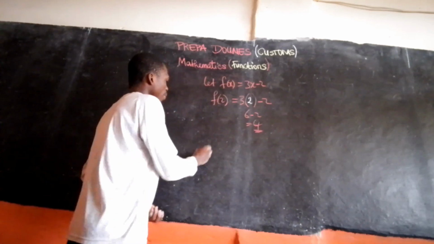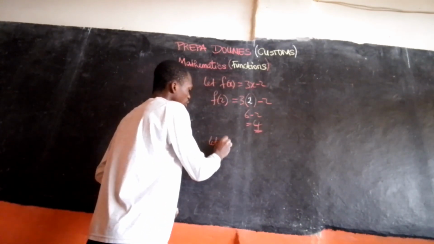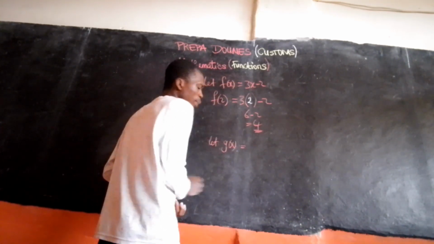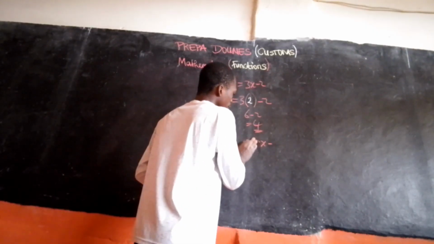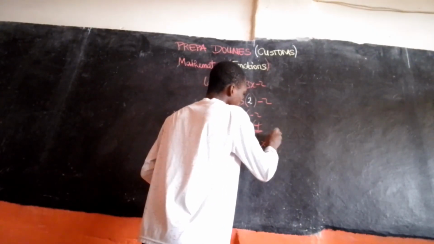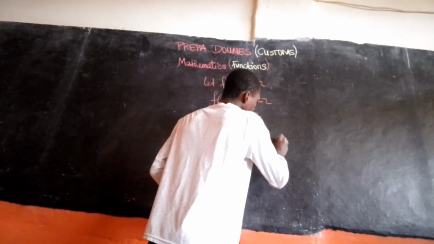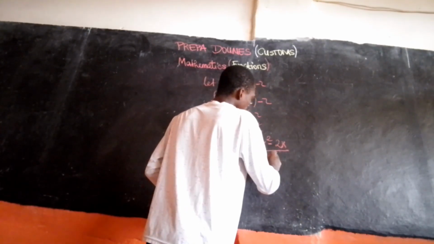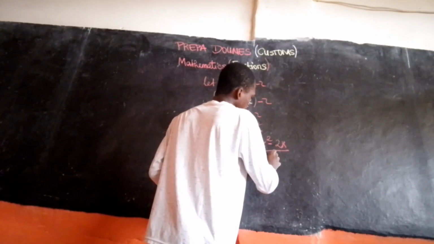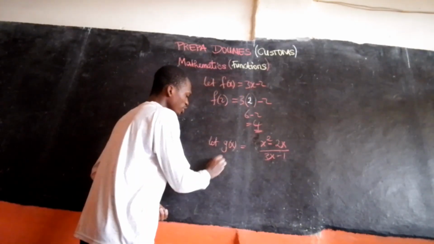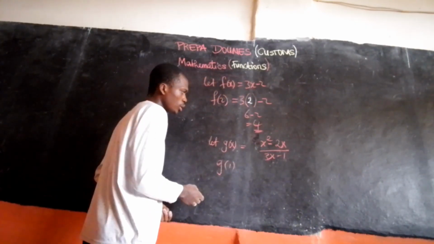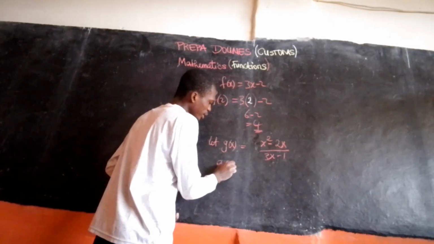As simple as that. Let g of x be equal to x squared minus 2x over 3x minus 1, for example. Find g of 3.